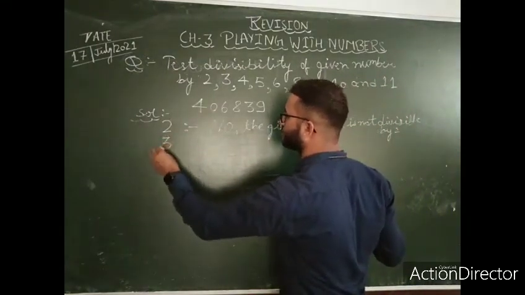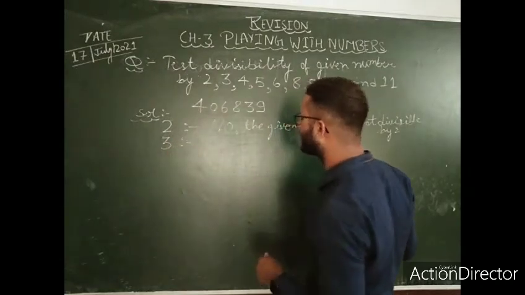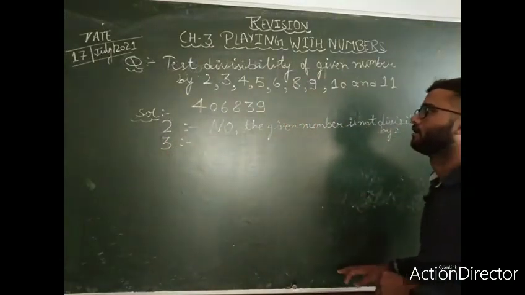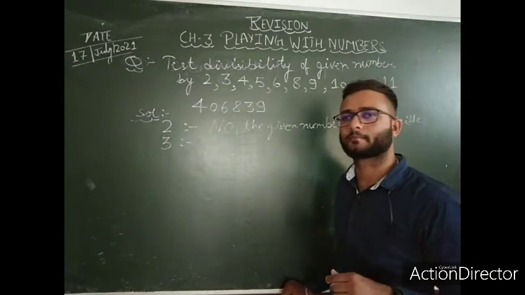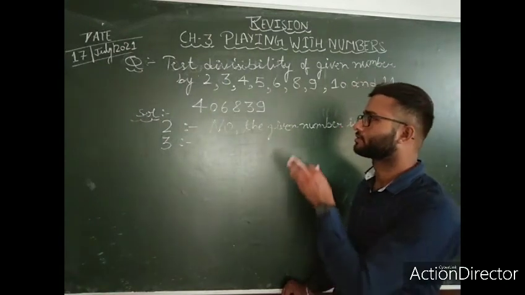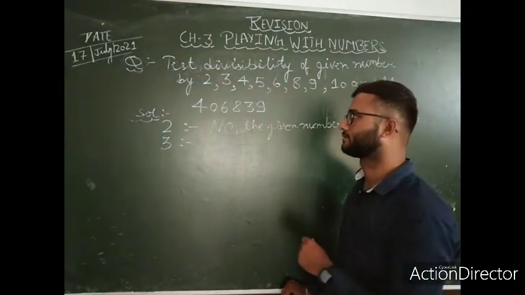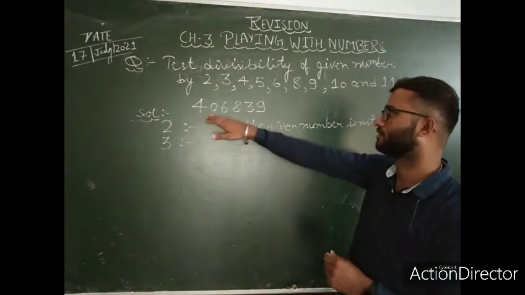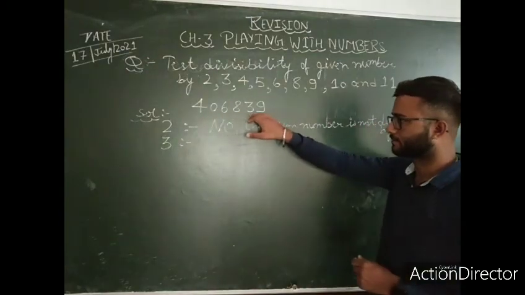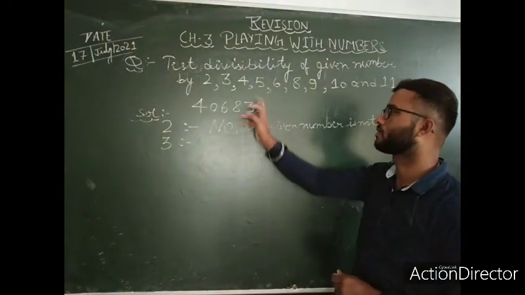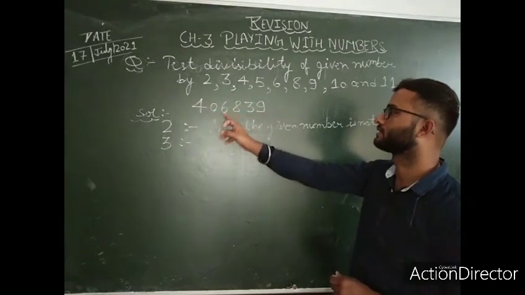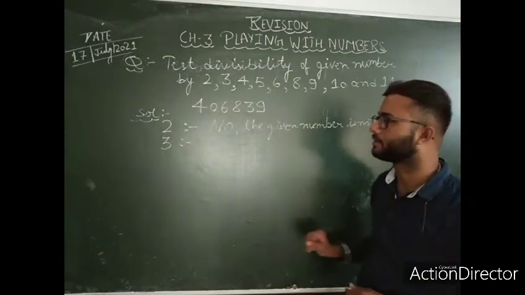Now 3. The divisibility rule of 3 says that if the sum of all the digits is divisible by 3, then the whole number 4,06,839 is divisible by 3.